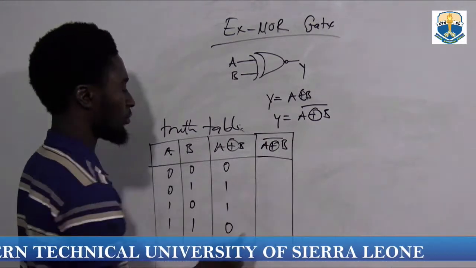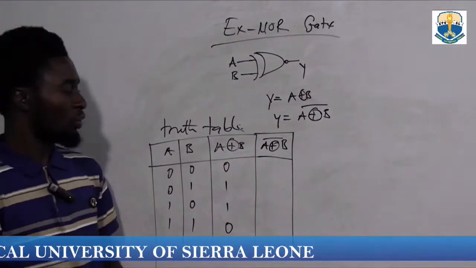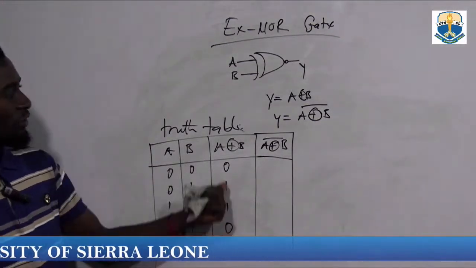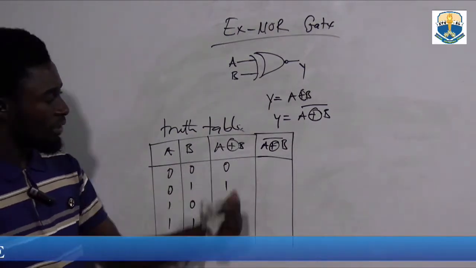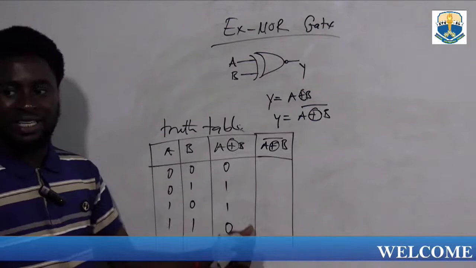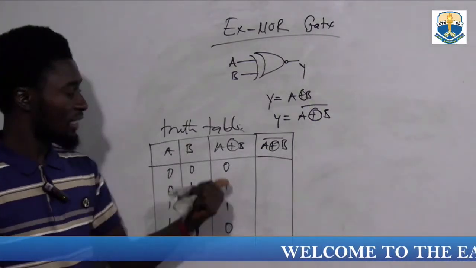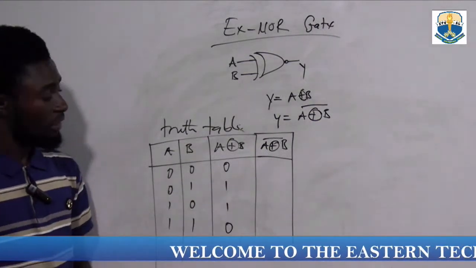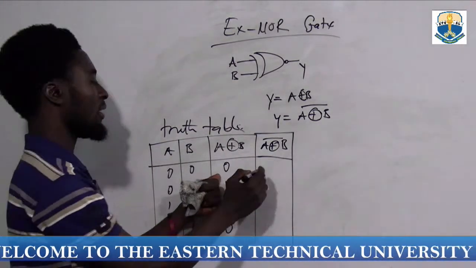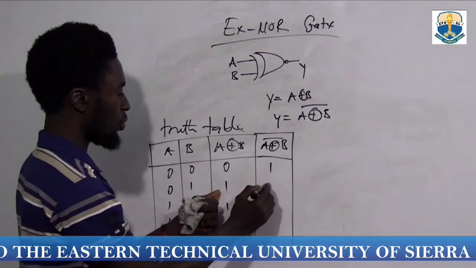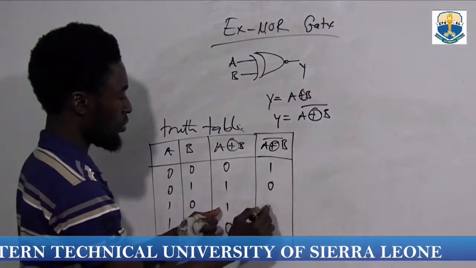All we have to do is look at the outputs here and take the complement of this output. So when it is 0 here, we have 1. When it is 1, we have 0, and 1.